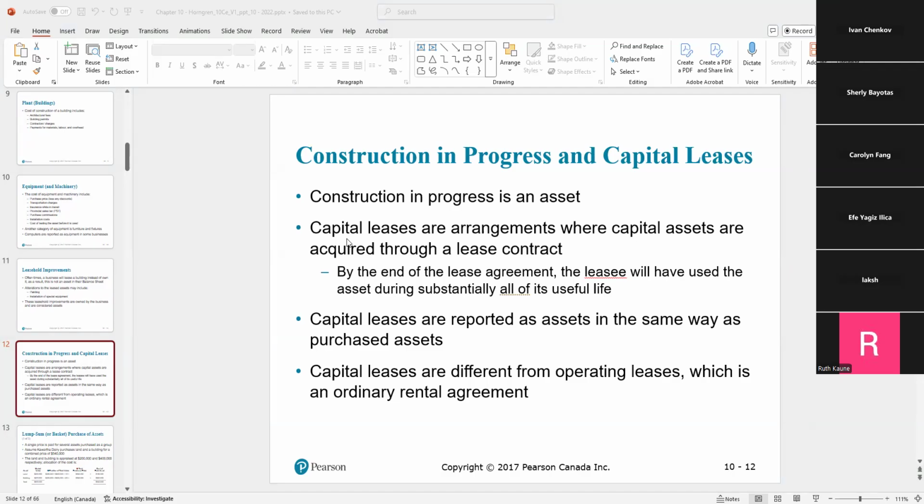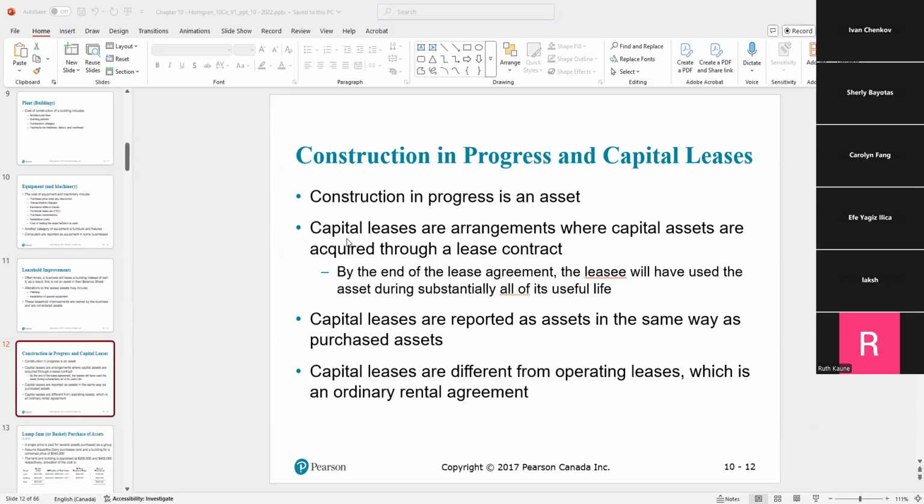On that, you're going to use different terms. So capital lease refers only to the accounting standards for private enterprises, which all these principles of accounting 1 and 2, all the rules that apply, are the accounting standards for private enterprises only. So the capital lease is an arrangement where the capital assets are acquired through the lease contract.